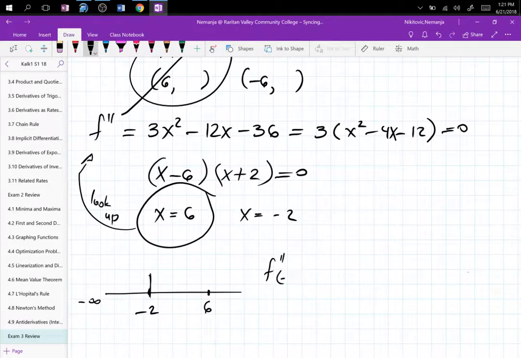So the second derivative computed at negative 3 is 27 + 36 - 36. That's 27, so that's bigger than 0. So that's concave up.